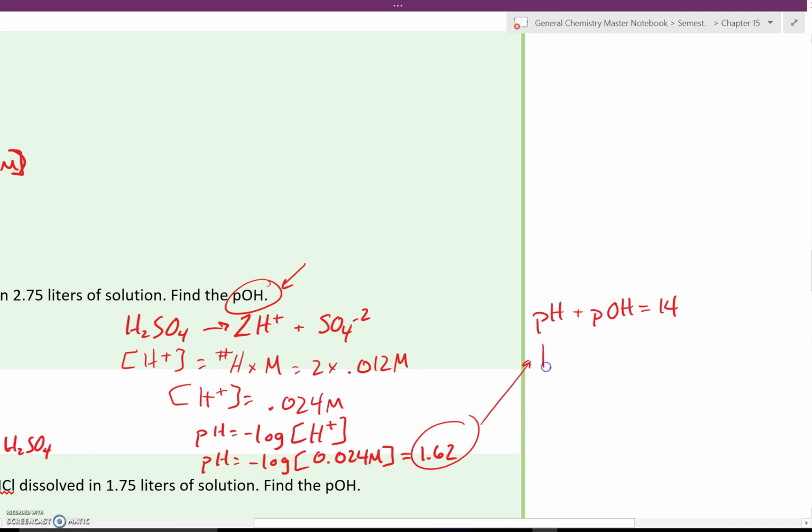So we have 1.62 plus pOH is equal to 14. To solve for pOH, we subtract 1.62 from both sides. So pOH is equal to 14 minus 1.62, which gives us a pOH of 12.38.